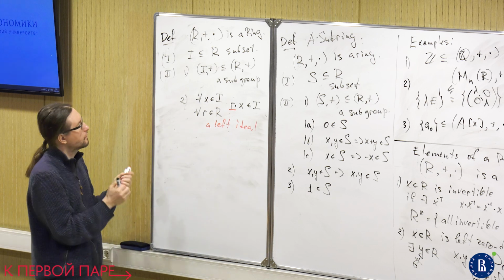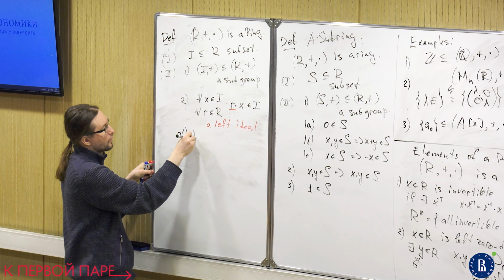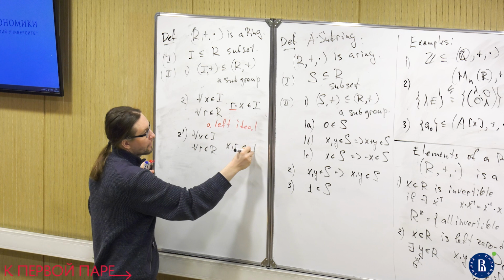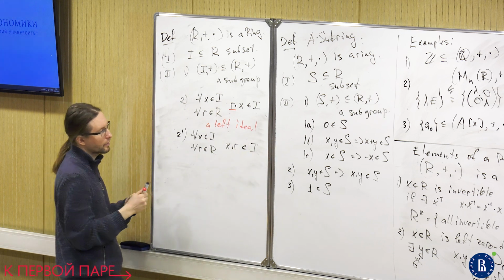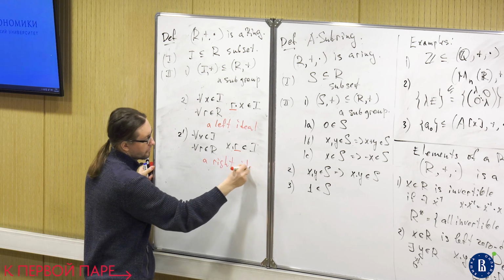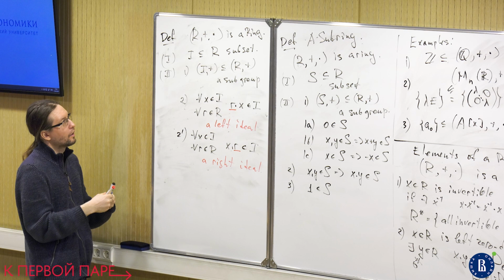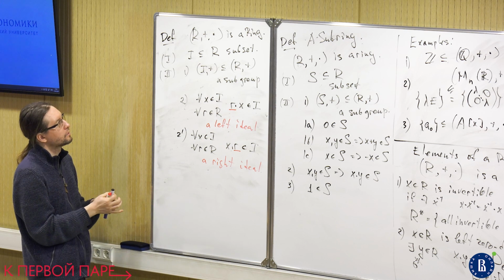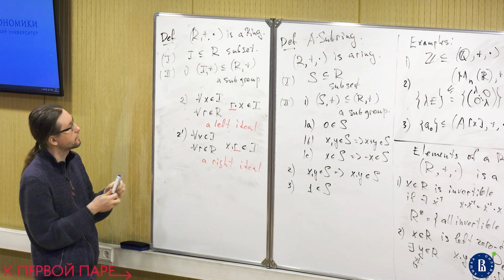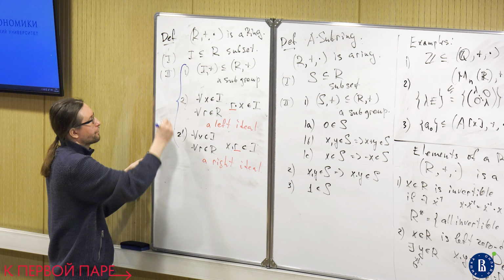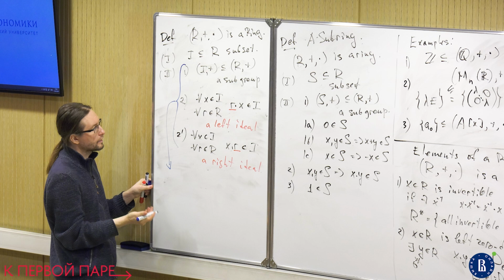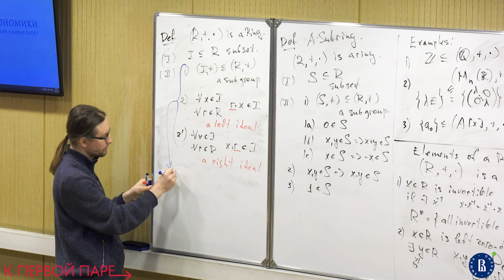If you require 2 prime: for every x in I and for every r in R, x times r is in I, so the element r is on the right, then this is a right ideal. And if all 3 properties are satisfied, in this case we will say that I is an ideal, or double-sided ideal.